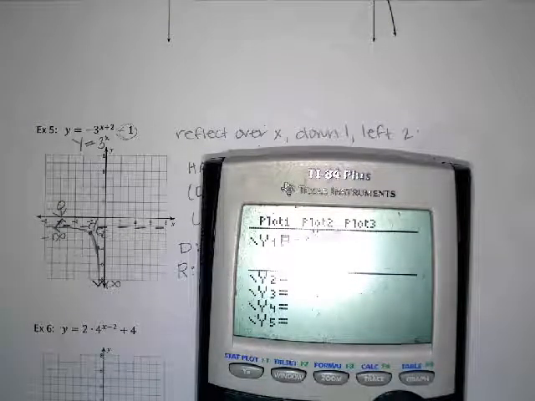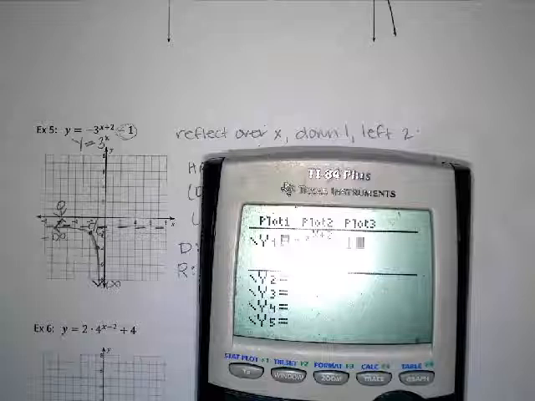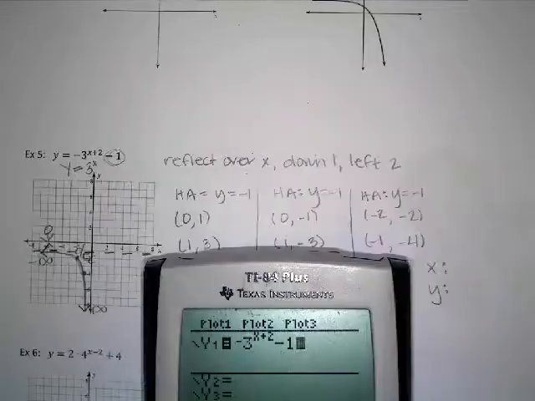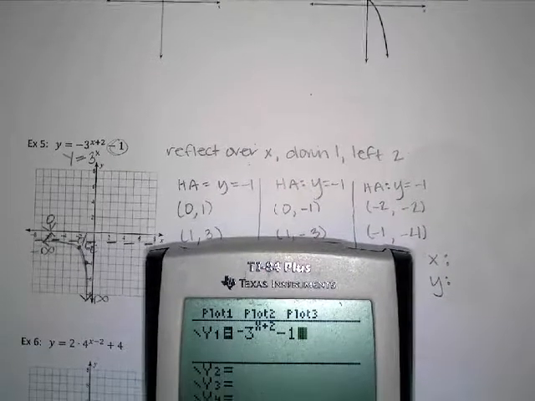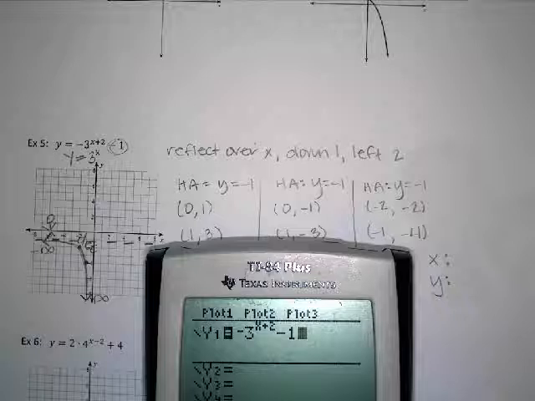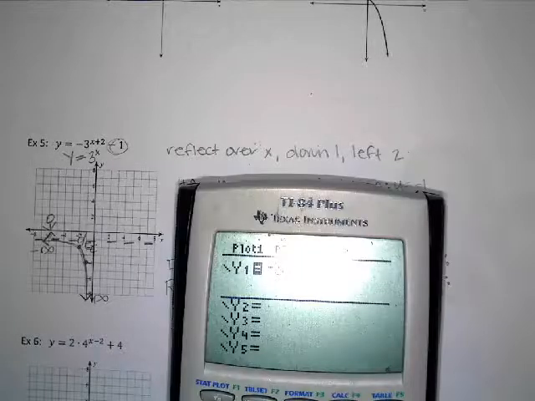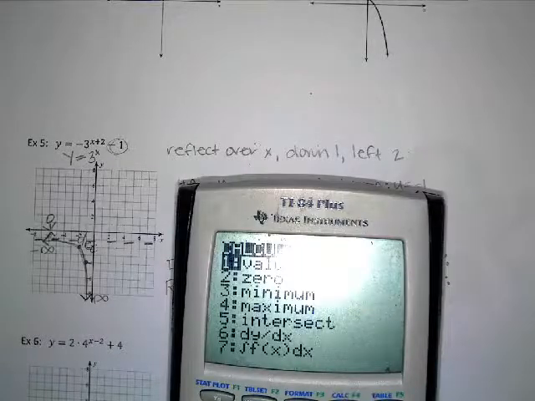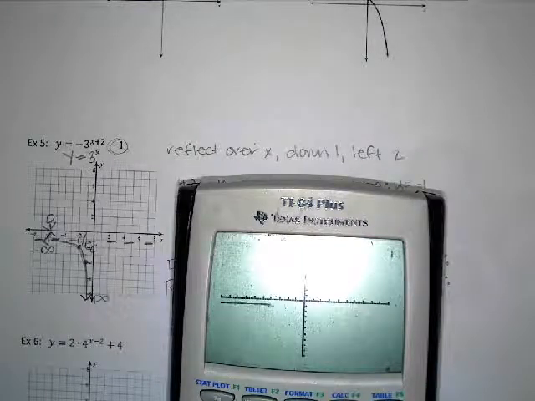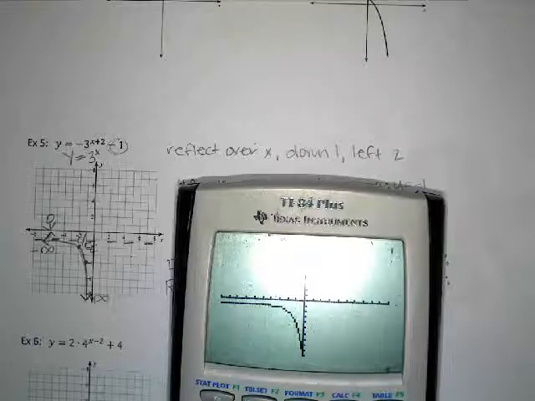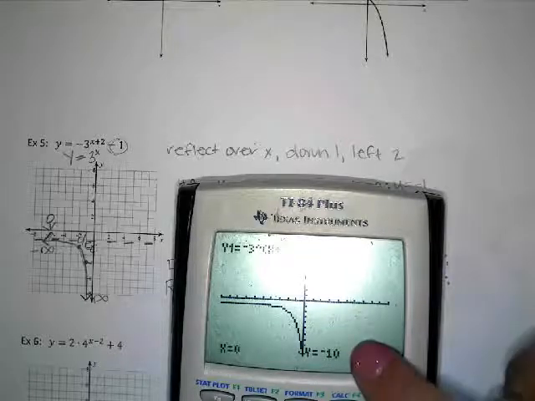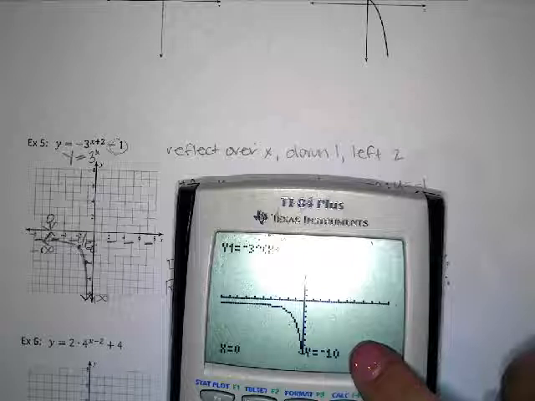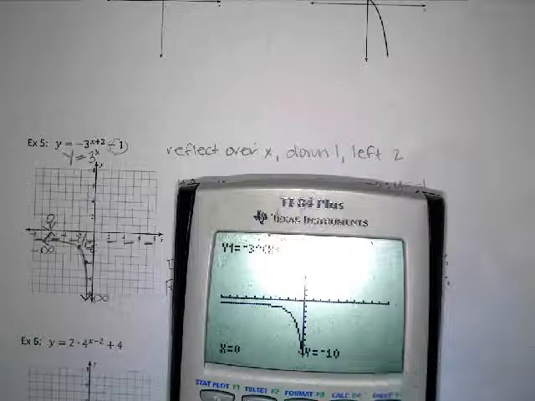So here's our equation. We're doing second trace and plugging in 0. Ooh, negative 10. So the y-intercept is negative 10.